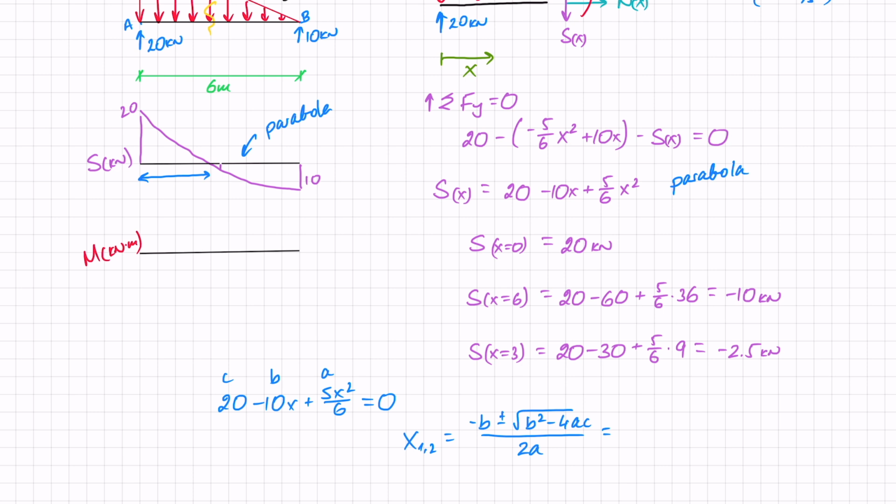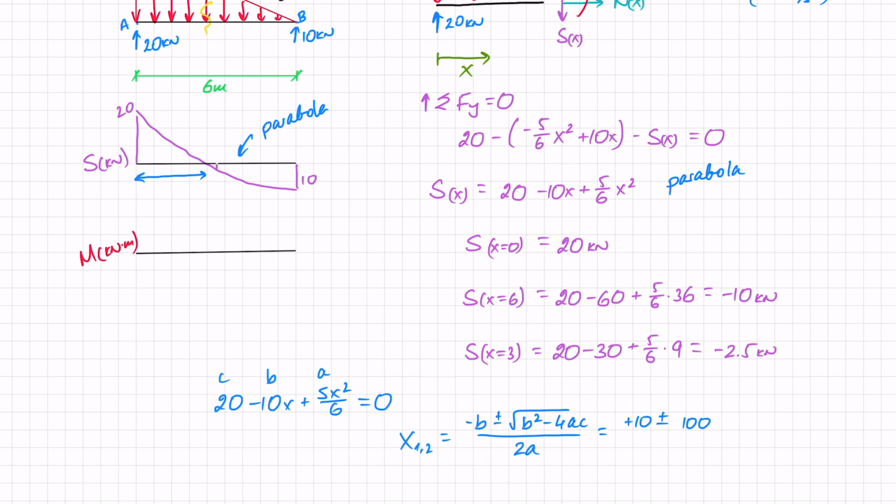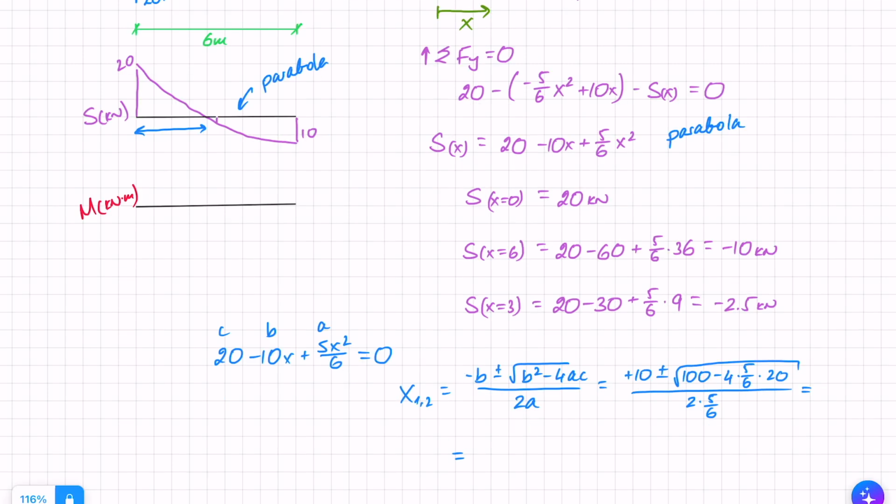So we've got minus of minus 10, so plus 10 here, plus or minus the square root of 10 squared, so that is 100, minus 4 times 5 over 6 times 20, and all that divided by 2 times 5 over 6. And if you solve that, you get 10 plus or minus 5.77 divided by 10 over 6.